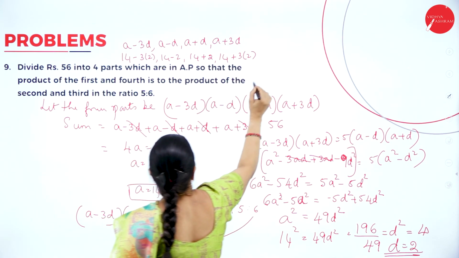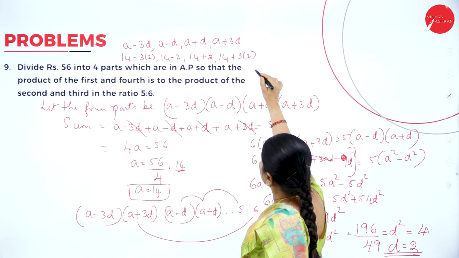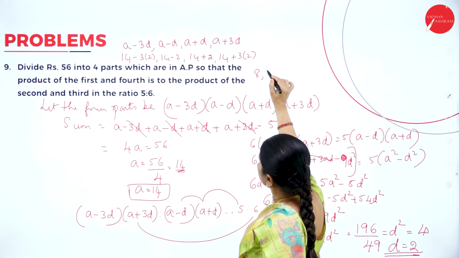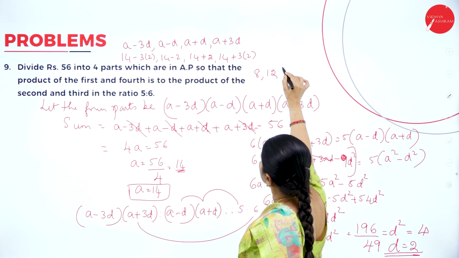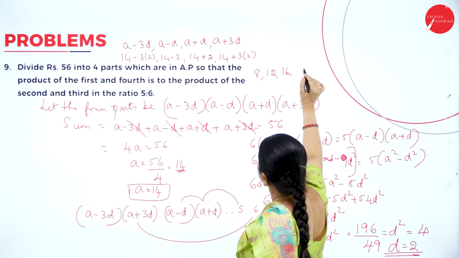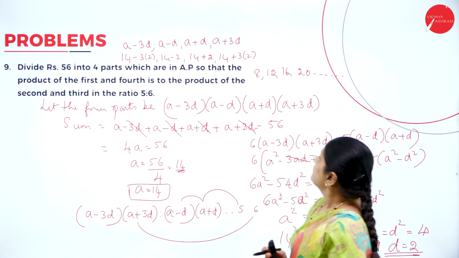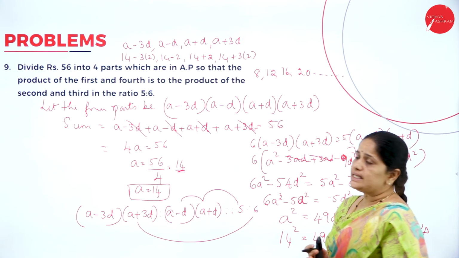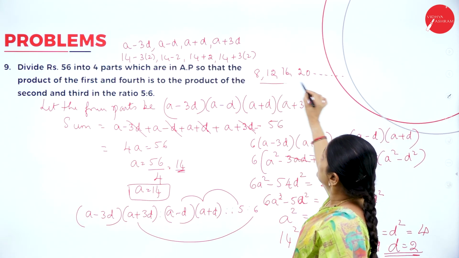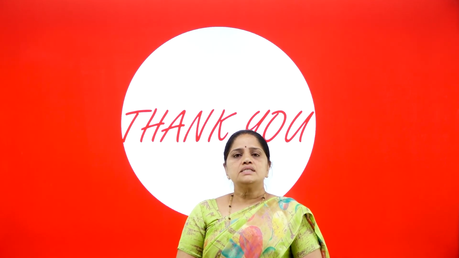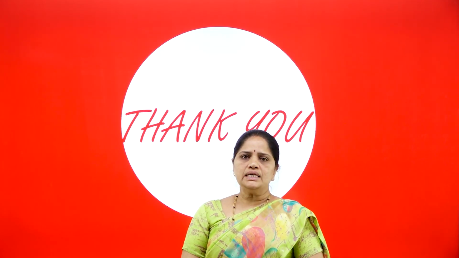So, this will be 14 minus 6 is 8. 14 minus 2 is 12, then 16, then 20. 8, 12, 16, 20. So, this is the answer. With this, we come to the end of this session. Thank you.